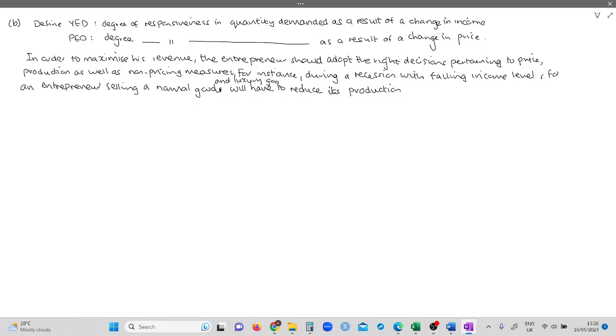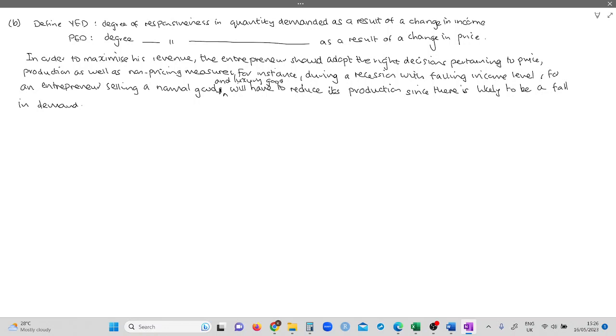Would they spend on these types of goods? No. So an entrepreneur will have to reduce his production, since there is likely to be a fall in demand, because we are talking about a situation of a recession where income levels are falling. Of course, he needs to reduce his production.